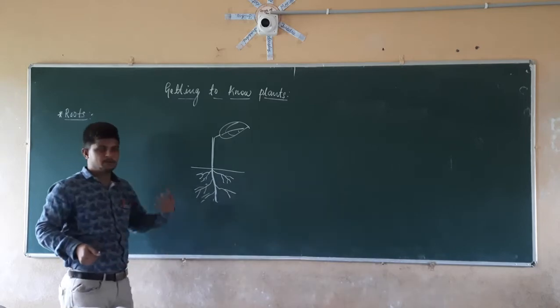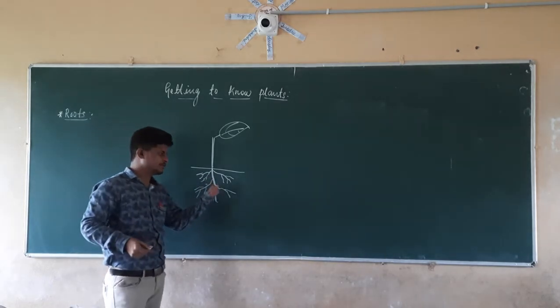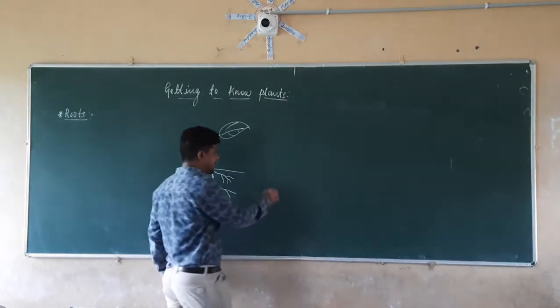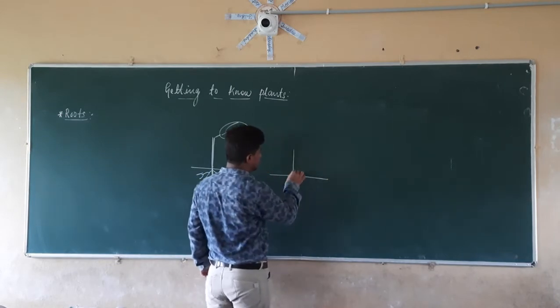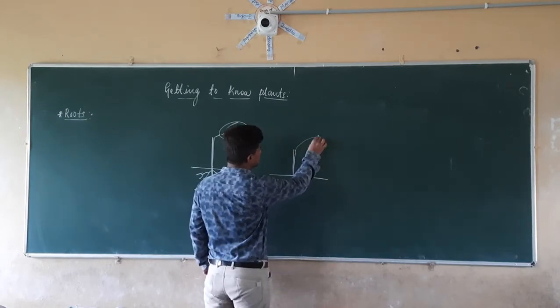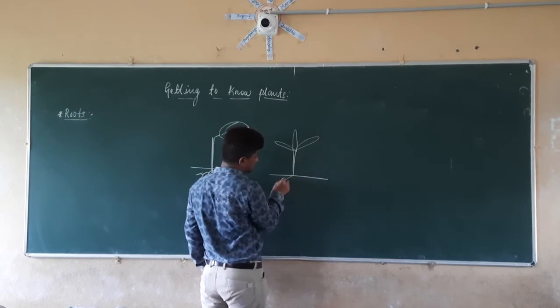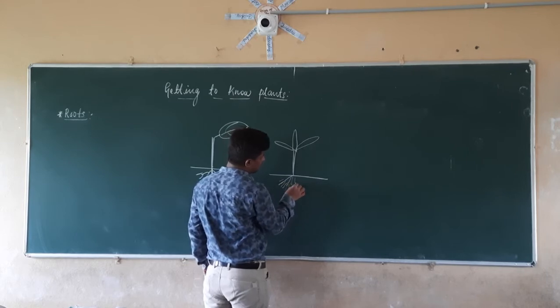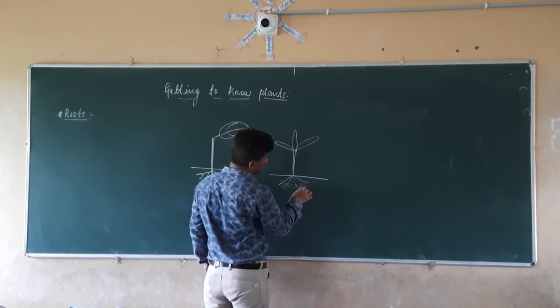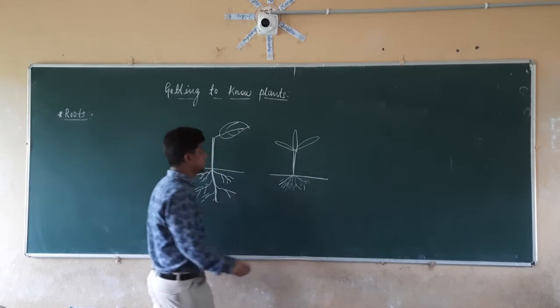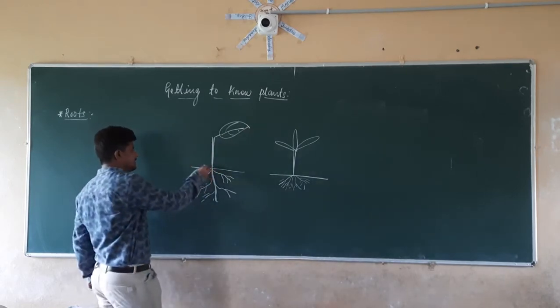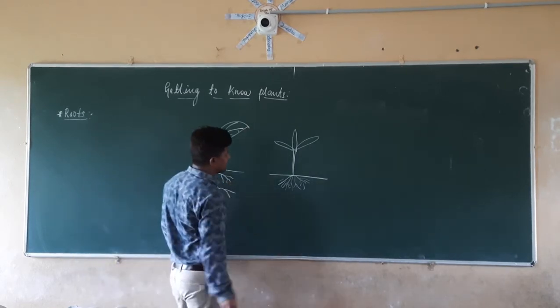If you take out the plant, we are going to see one type of root like this, and the second type of root is like this. Like this we are going to see two types of roots. This is one type of root and this is the second type of root.